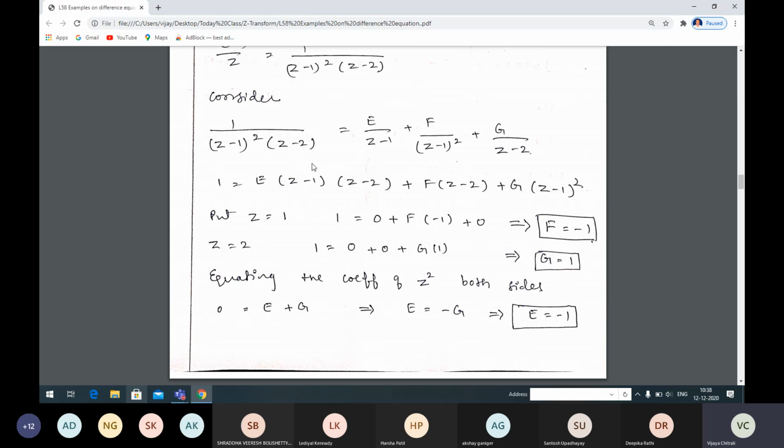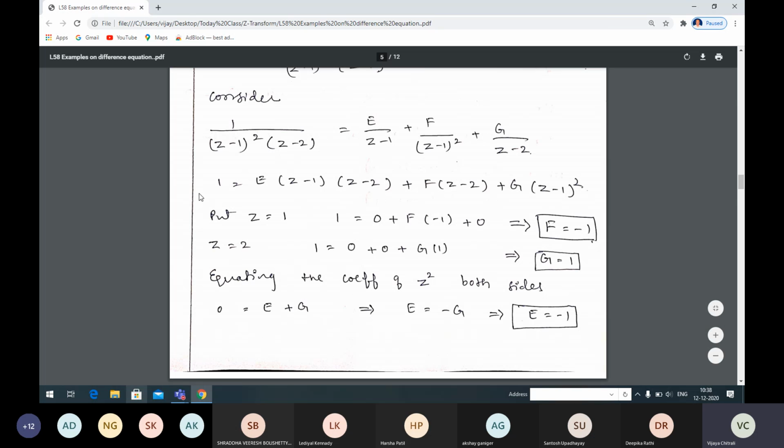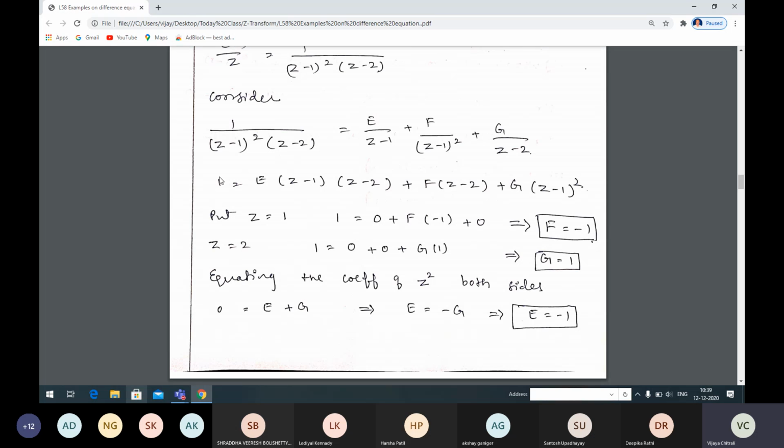Now we want E. To find E, equate the coefficients of z square on both sides, RHS and LHS. In the LHS we have 1, we don't have a z square term, so the coefficient of z square in LHS is 0.